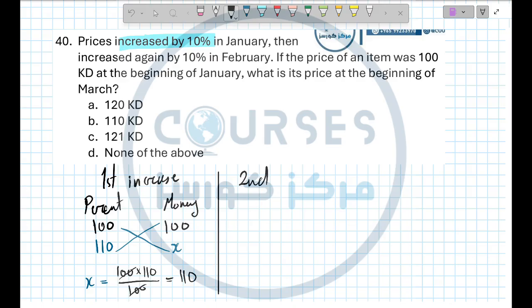Okay, the second increase, we also have the percent and the money. Our original money now is the money after the first increase. So our 100% now is 110. And we're going to add another 10% and the new money, let's call it y since we already used x.